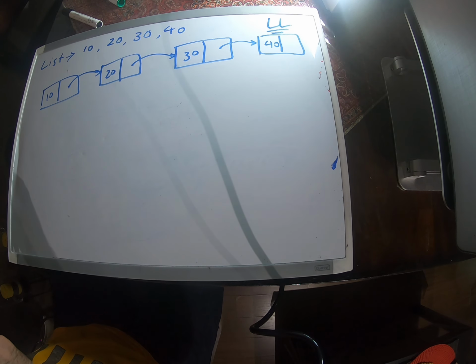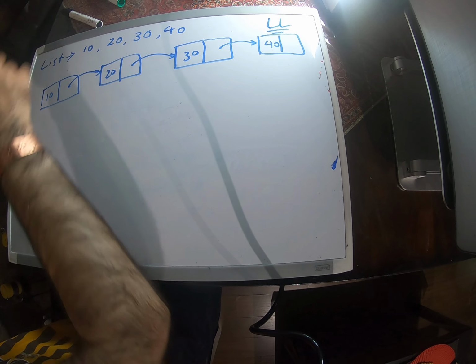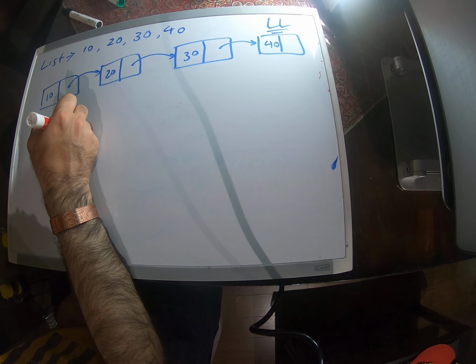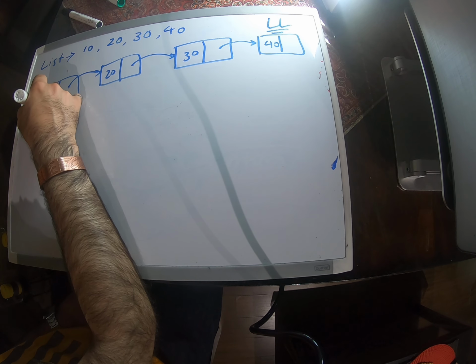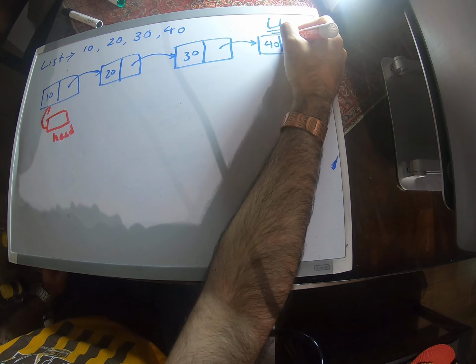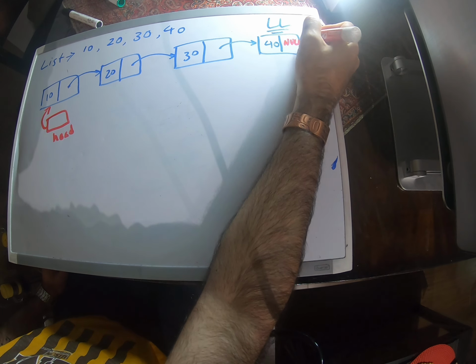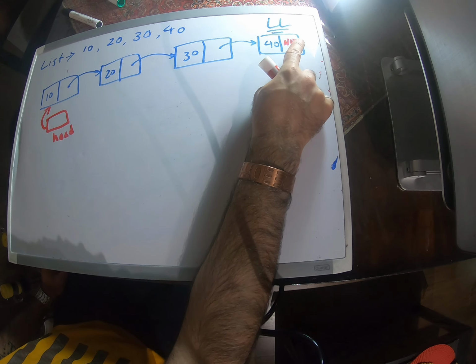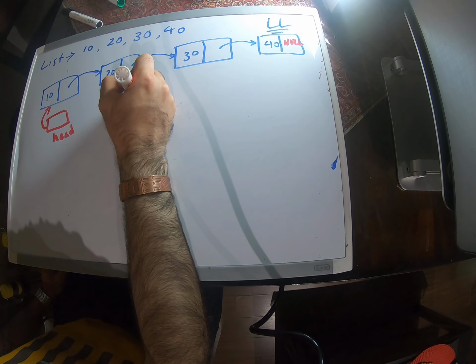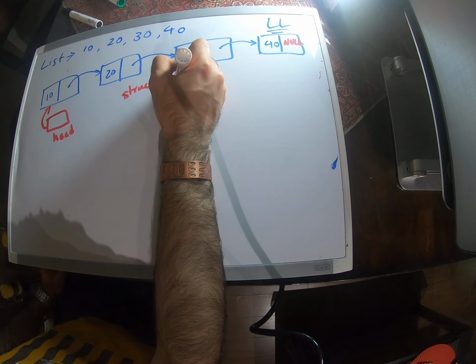Okay, so we saw that in the linked list we always have a head pointer that points to the head of the linked list, and also the pointer part. Let's call this structure node.